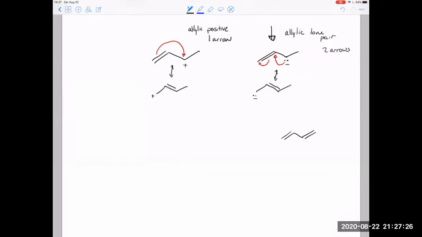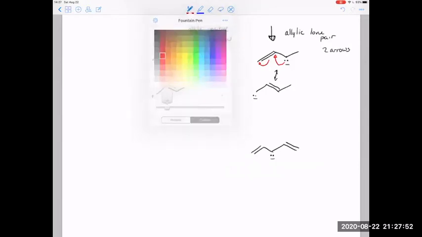Something like this: a double bond, single, the lone pair, single, and then a double bond. So now I've got one more carbon going on? Yeah, it's adding to it. It's obviously a completely different molecule. Is there only 2, or am I missing something?